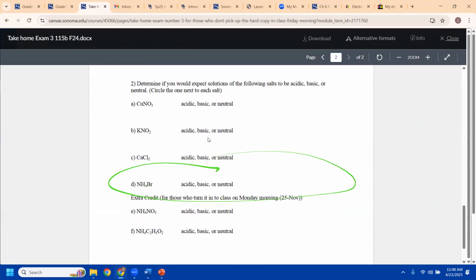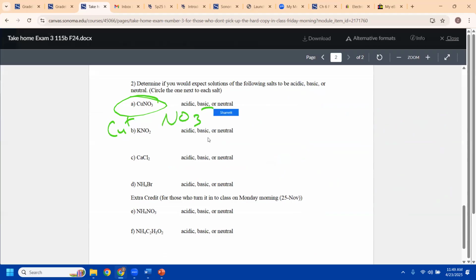I'll probably put some questions like this. Is this solution acidic or basic? What do you think, Bryce? So you have to break it up into the ions, Cu plus and NO3 minus. Are either of these pH neutral? Anybody?